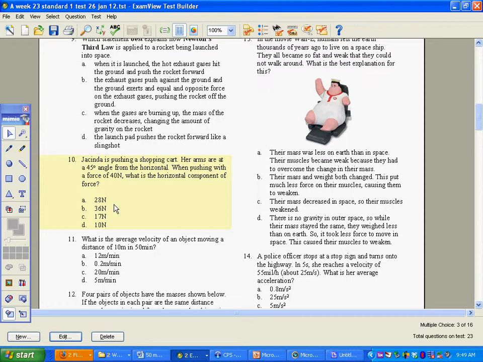Did you need a calculator for that? Nope, you had your sheet there that had the angles on it. Any questions on that? Do you have a question? Okay, if you're trying to find horizontal component, you multiply by the cosine.